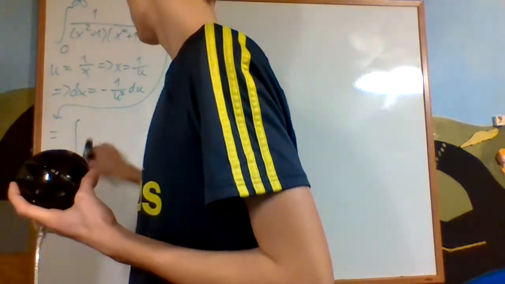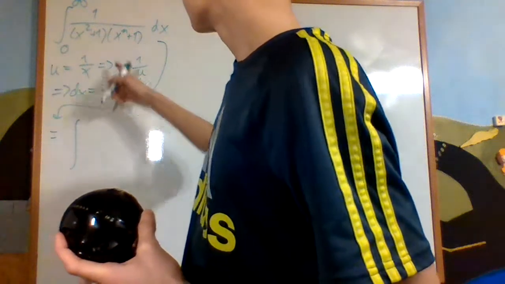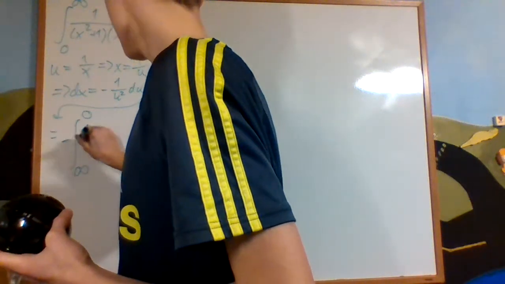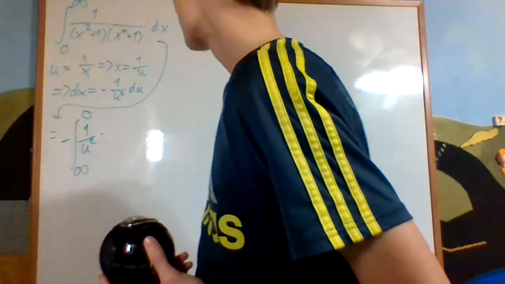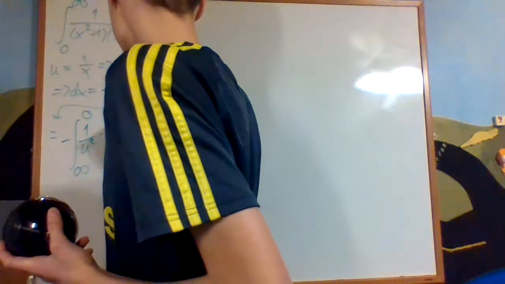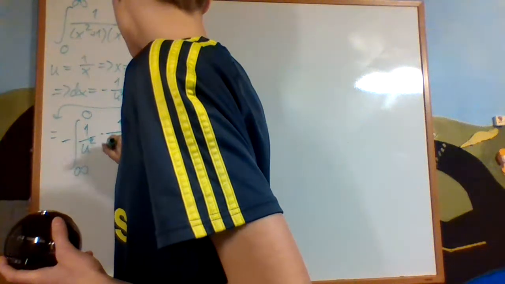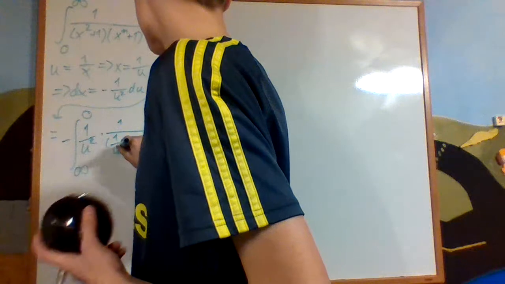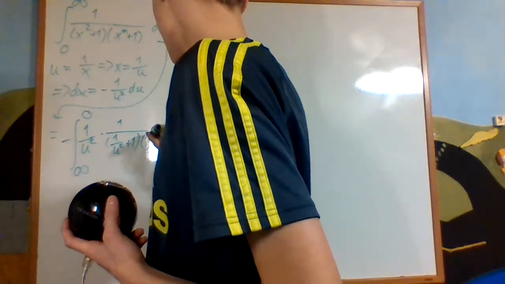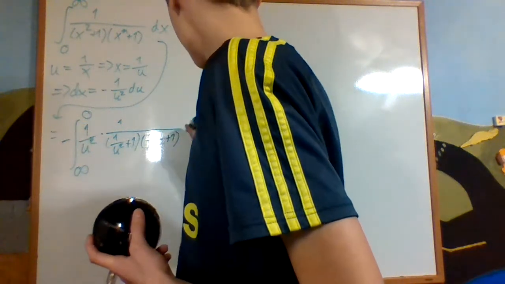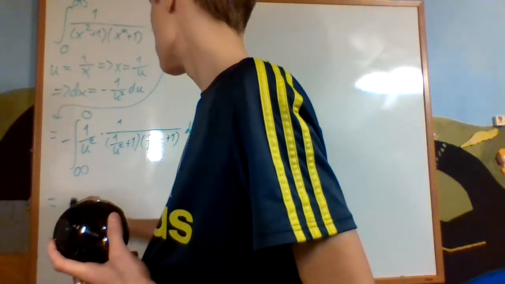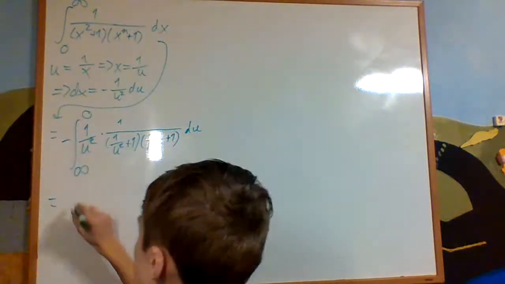That's equal to the integral from infinity, because 1 over 0 is infinity, to 0 of negative 1 over u squared du, I'll put the du at the end, times, make the substitution, 1 over u squared plus 1, and then 1 over u to the n plus 1 du. Okay, which is equal to, flip those two around, get rid of that negative out there.